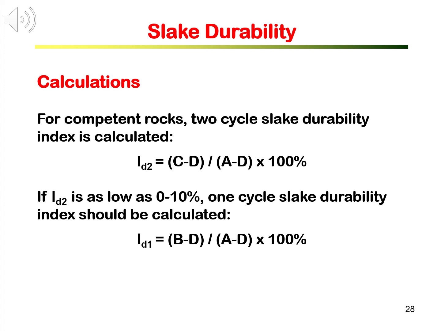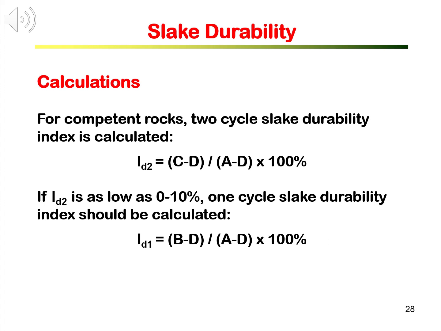Slake durability index of 2 cycles, ID2, is equal to C minus D, which is the dry mass of the rock specimen remaining inside the drum after the 2 test cycles, to be divided by A minus D, which is the original dry mass of the rock specimens put into the drum before the test. The calculation is shown by the first equation here.